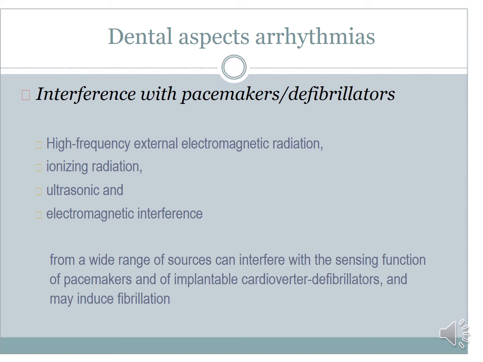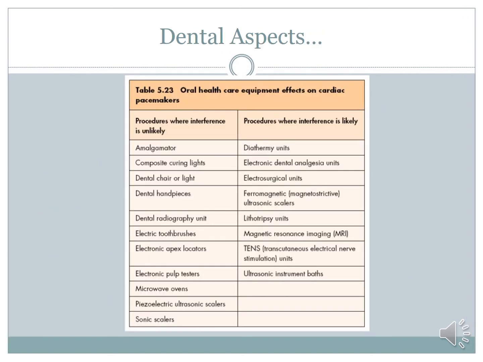There will be interference with a pacemaker if there is high frequency external electromagnetic radiation, ionizing radiation, ultrasonic and electromagnetic interference. The thing we are most worried about is ultrasonic. These are some of the instruments in dentistry that can and cannot interfere with cardiac pacemakers.